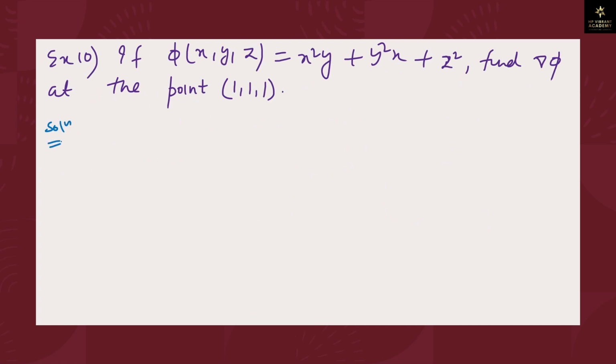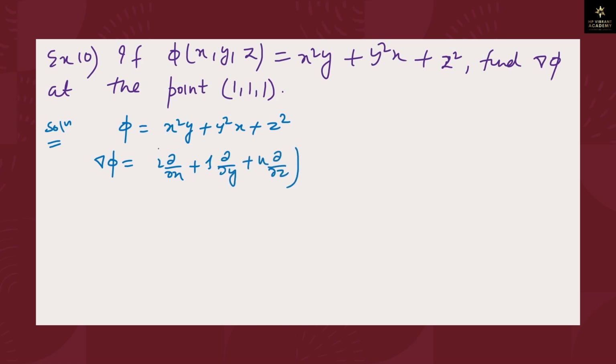Okay, so let us discuss question number 10. How can we solve this? We have phi equal to x square y plus y square x plus z square. So del of phi is equal to i del upon del x plus j del upon del y plus k del upon del z of this. Differentiating with respect to x, the coefficient of i cap is 2xy plus y square.